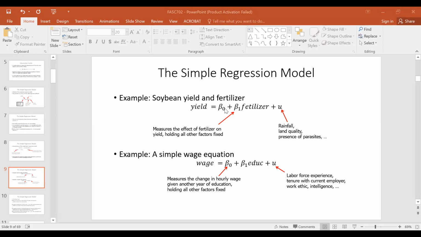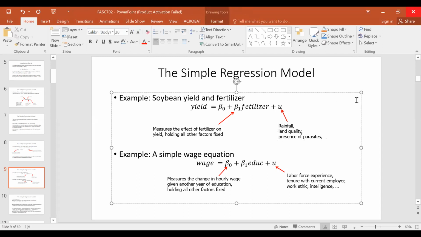So I've been playing around with these examples. Why the yield on fertilizer? This is the deficiency of simple regression, because the guy insists on keeping only fertilizer as the regressor. He has by default or automatically admitted all these relevant variables in the error term: rainfall, land quality, presence of parasite. These are variables that affect the yield. But if you insist on a simple regression, you can only admit one regressor.